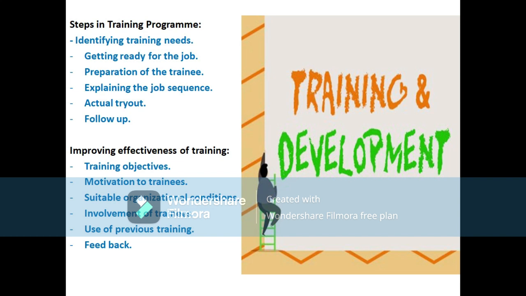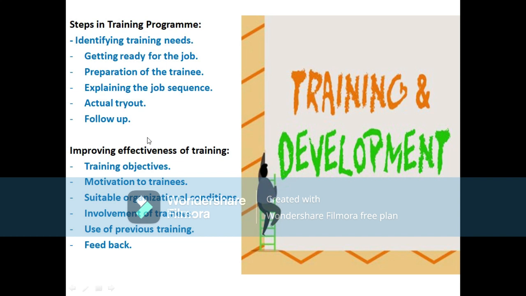So, identifying the training needs. First one is identifying the training needs. Identifying the training needs means, first of all we have to identify what the needs of the organization are, where we are lagging, so where we have to give the training. A thorough analysis of organizational needs should be taken up. What does our organization need regarding the training?